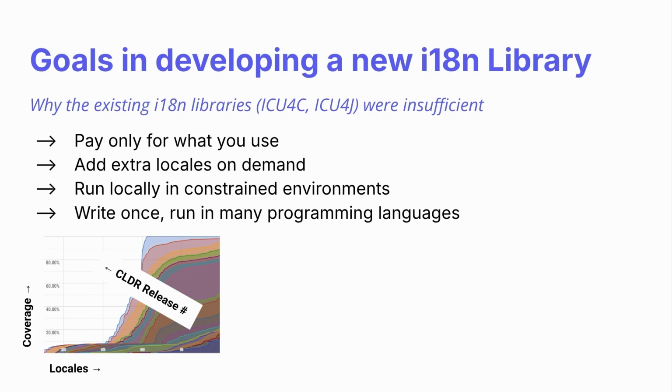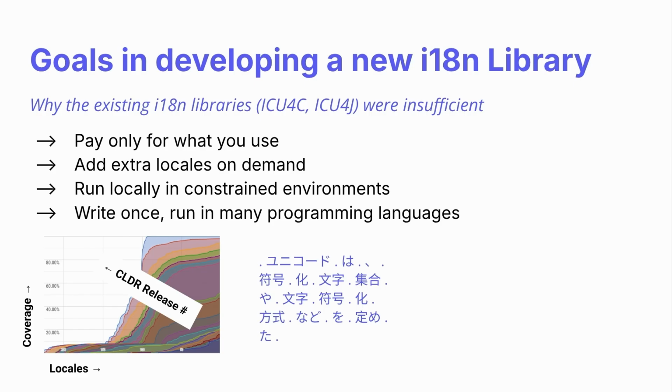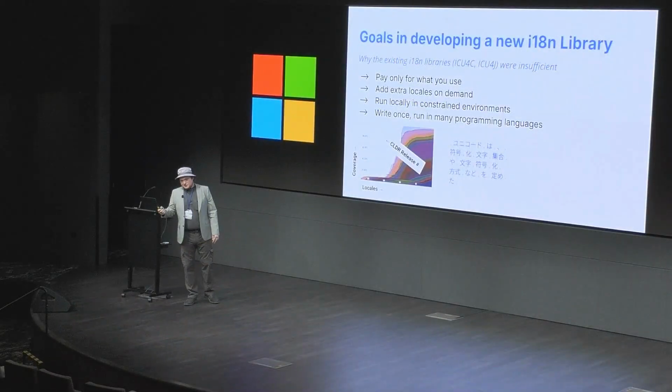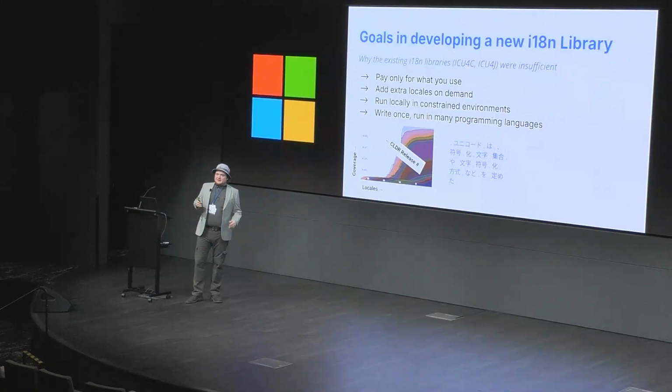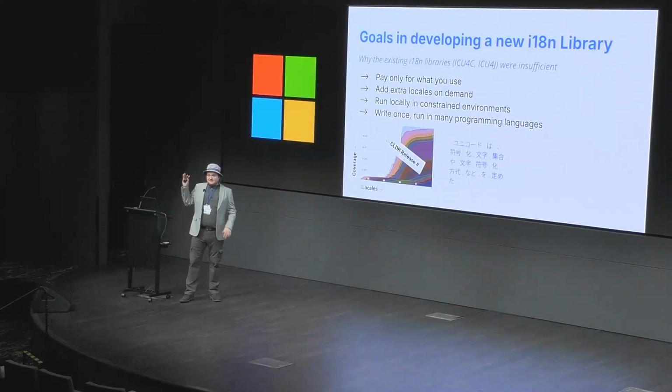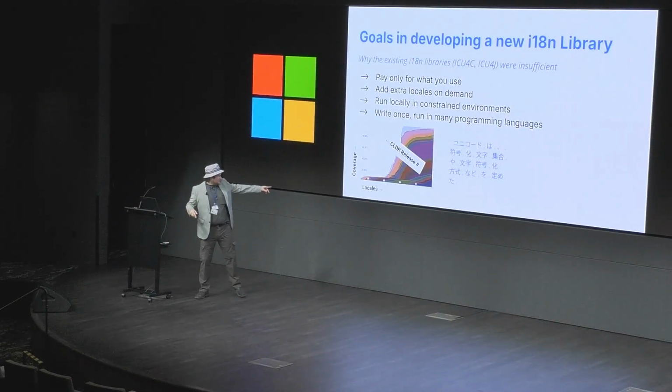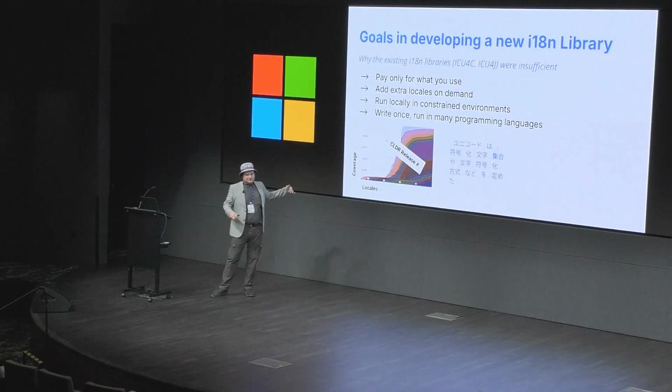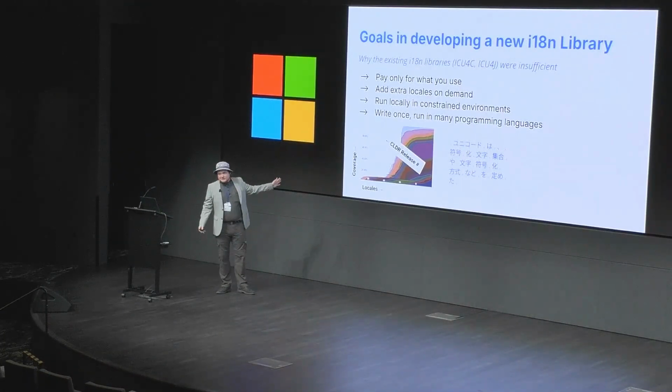The second goal we have in an internationalization library is to add extra locales on demand. What this means is being able to add long tail languages. You see that there are a lot of languages in CLDR that have what we call basic coverage. We would like to be able to support those languages, but when we do that, we don't want to make all customers pay the cost for that.